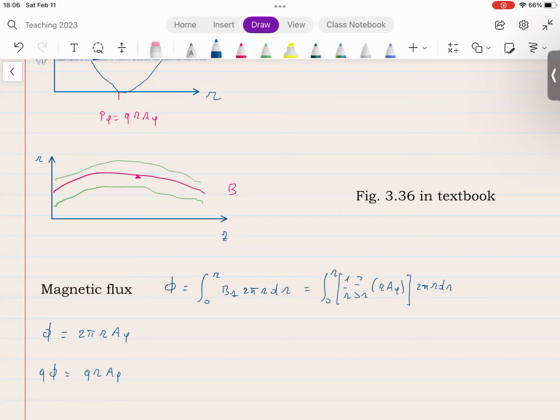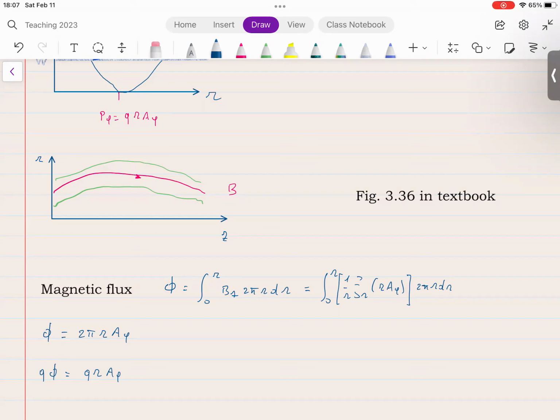In other words, where this quantity is a constant, or rather the minimum of the potential is on a constant value of q r a phi, that is, it follows a magnetic field line.